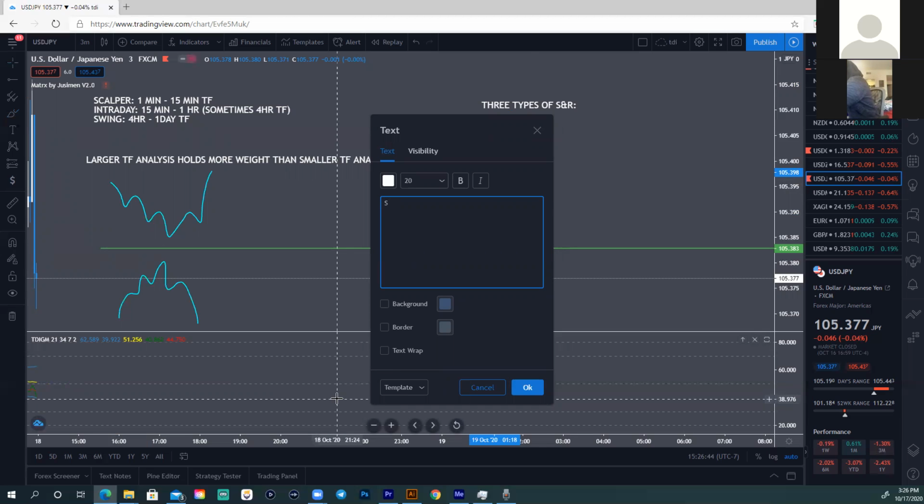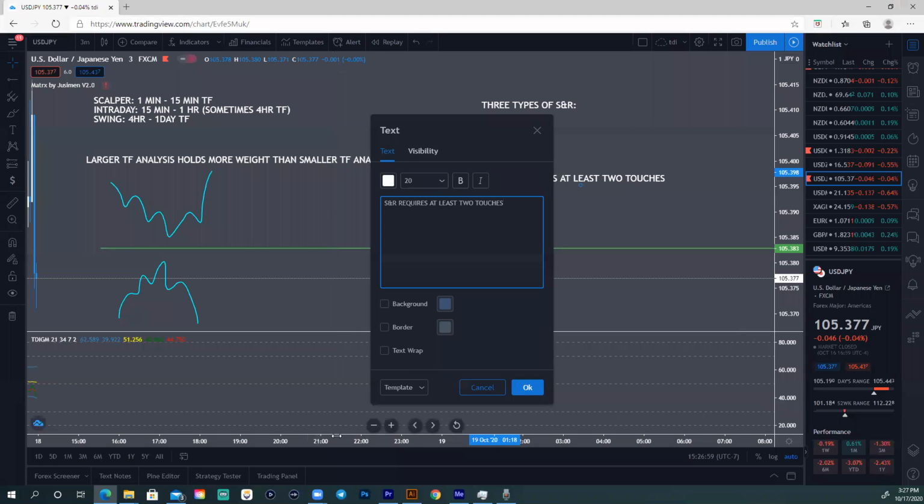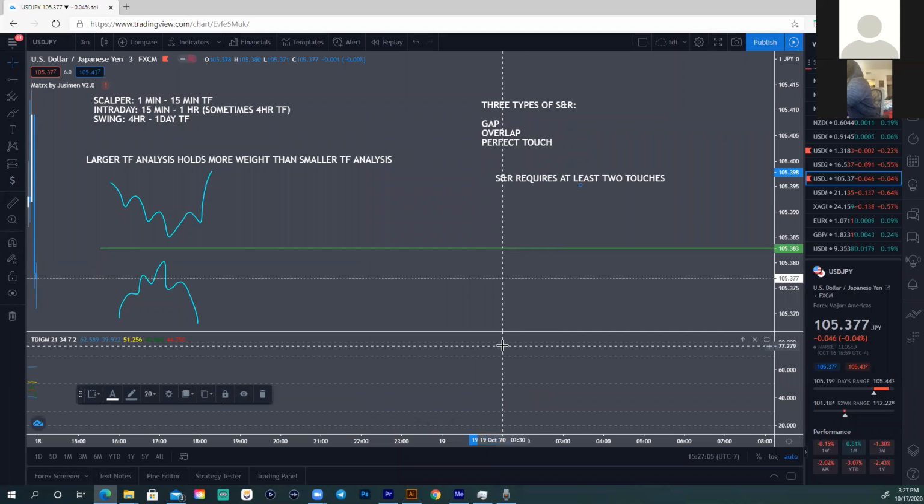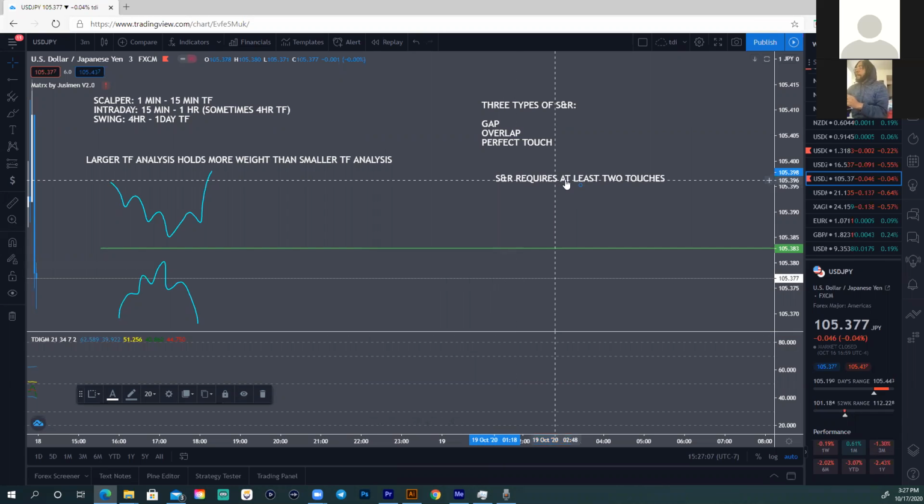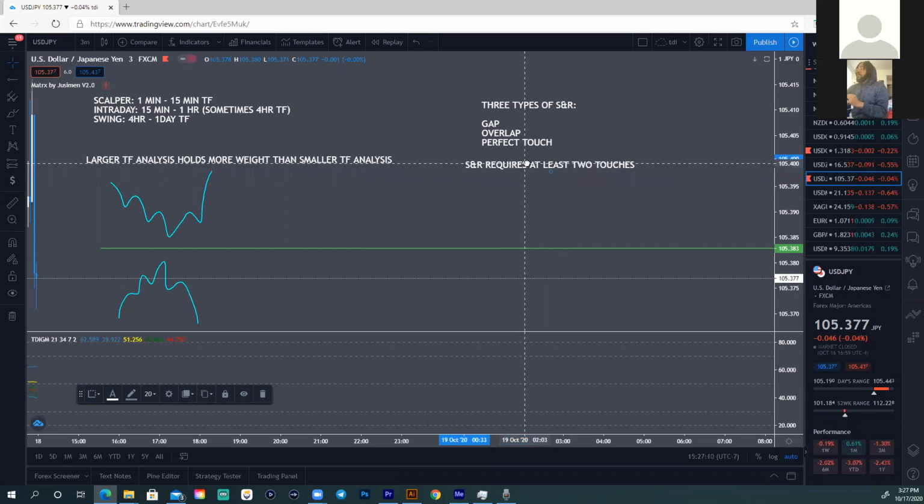Support and resistance, for me, requires at least 2 touches. Boom.